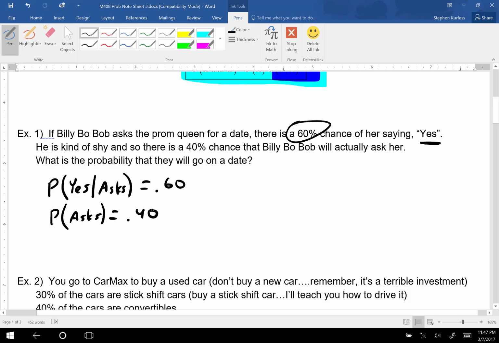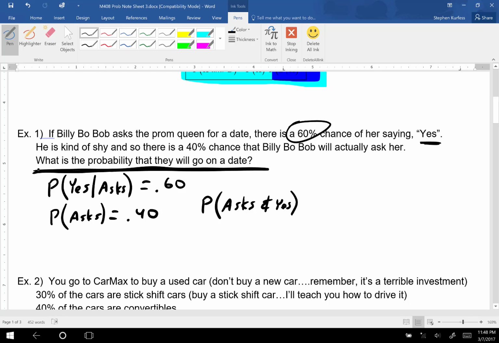All right, so here's the deal. We're looking for the probability that he asks her and she says yes, right? It says, what is the probability that they will go on a date? So think logically. For them to go on a date, two things have to happen: he has to ask her and she has to say yes. So let's look at that formula real quickly.